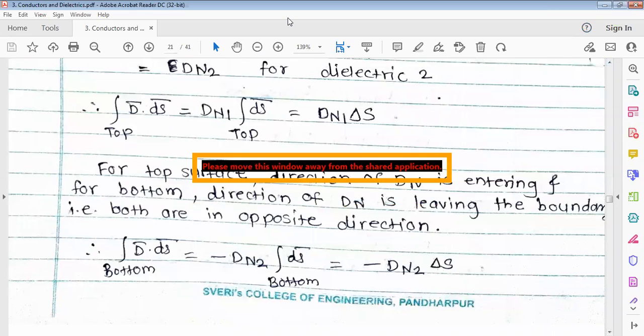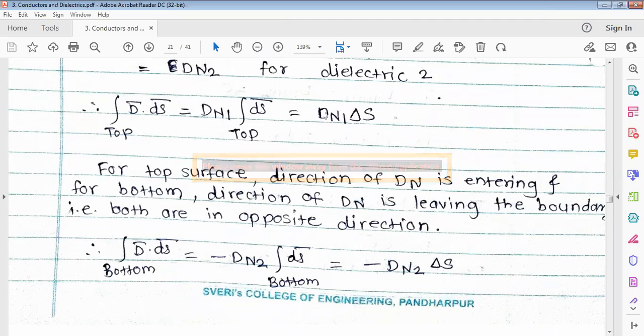Now remember, the top surface is placed in region 1 or dielectric medium 1, and the bottom surface is placed in dielectric medium 2, right? Therefore, for the first one it is positive and the second one is negative because the direction is opposite.